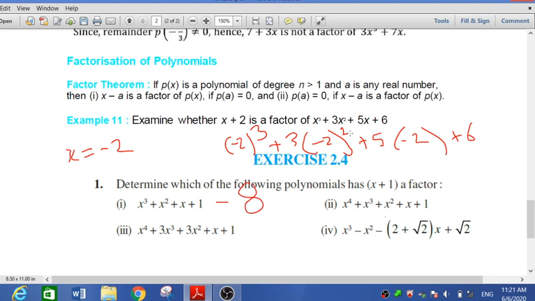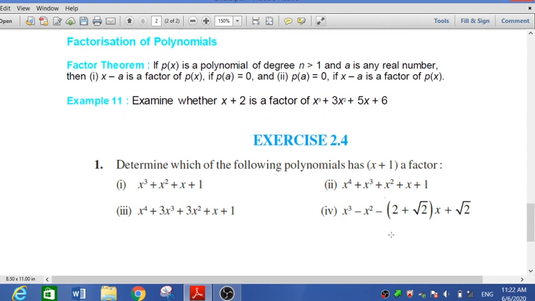Minus 2 to the power 2 is plus 4, 4 into 3 is 12. 5 into 2 is minus 10, plus 6. Now 12 plus 6 is 18. So minus 8 minus 10 minus 18 plus 18, minus 18, the answer is 0. So we can say yes, it is a factor. x plus 2 is a factor of the given polynomial.